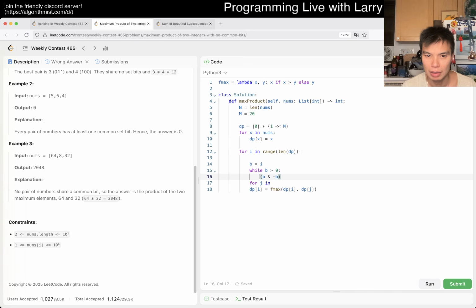So then now, this one wants to flip i by this bit. No, this is j. Right? And we also want to flip it on b. I think that's fine.